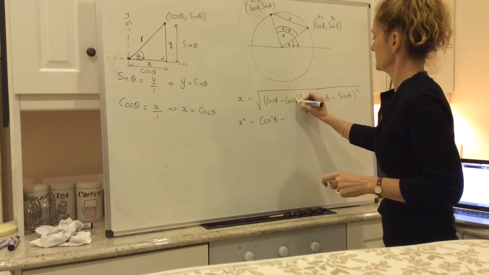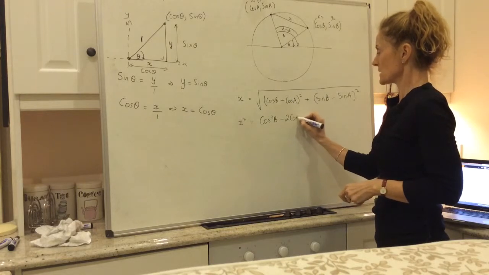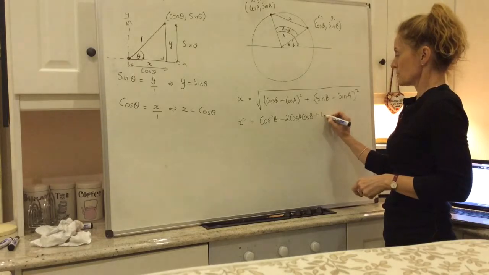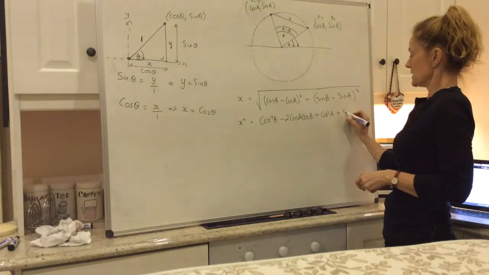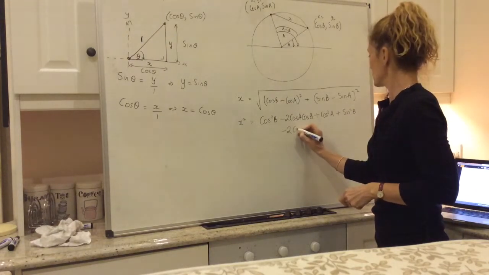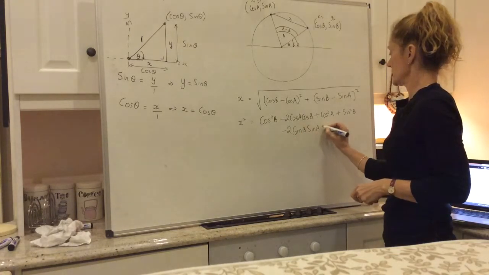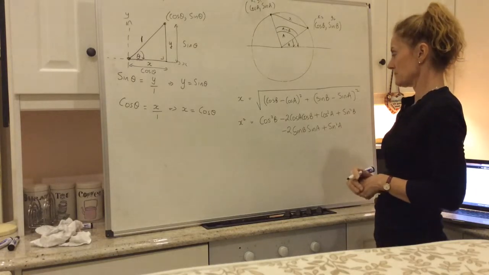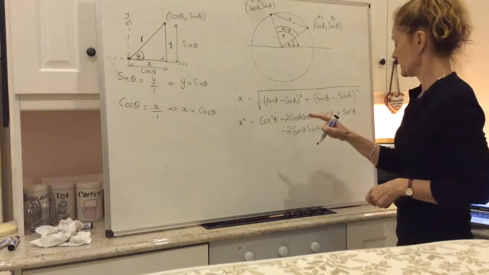Cosine squared B minus 2 cosine A cosine B plus cosine squared A plus sine squared B minus 2 sine B sine A plus sine squared A. So that's one expression that we have for x squared.